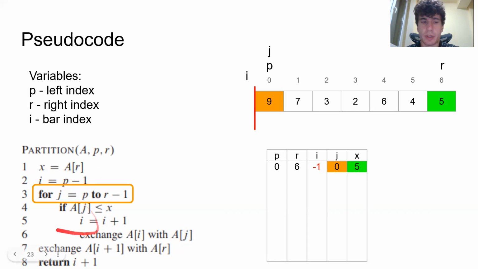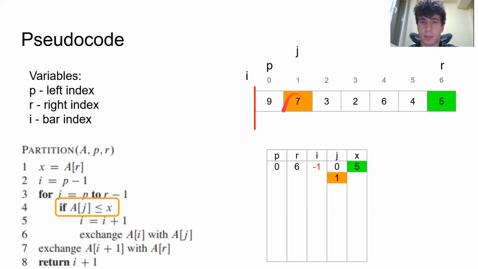And then we take each element from 0 until 5. And if it's smaller, we do something. But here, 9 is bigger, so we don't do anything. We move on to 7, which is bigger, we don't do anything.